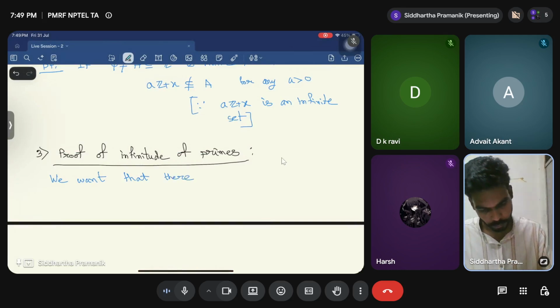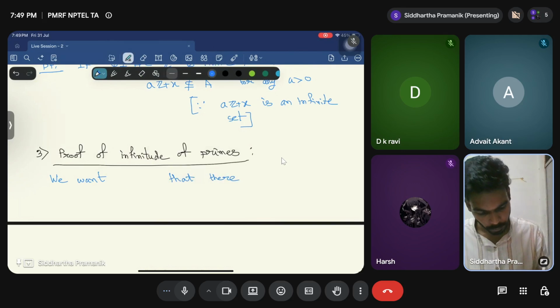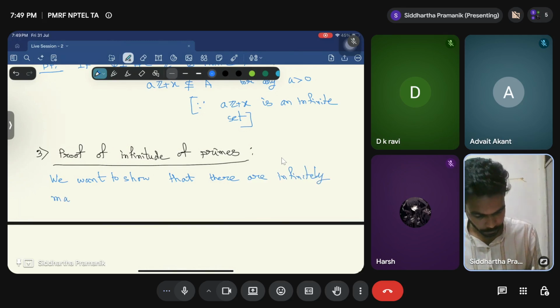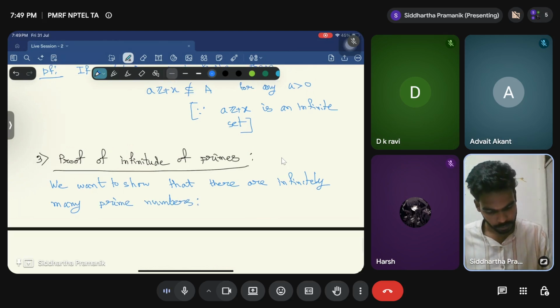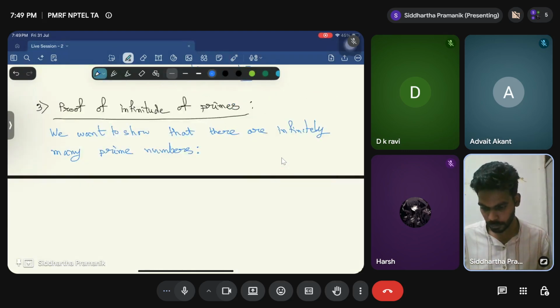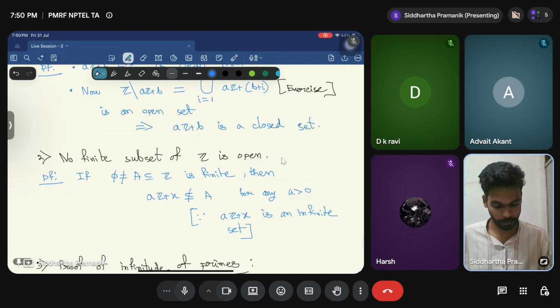We want to show that there are infinitely many prime numbers. Okay, so let's do this. How to do this? So the first thing to note is that no finite set is open, by the second property.